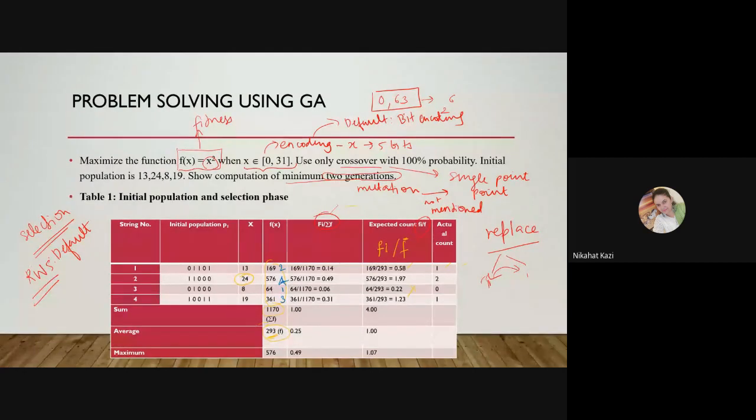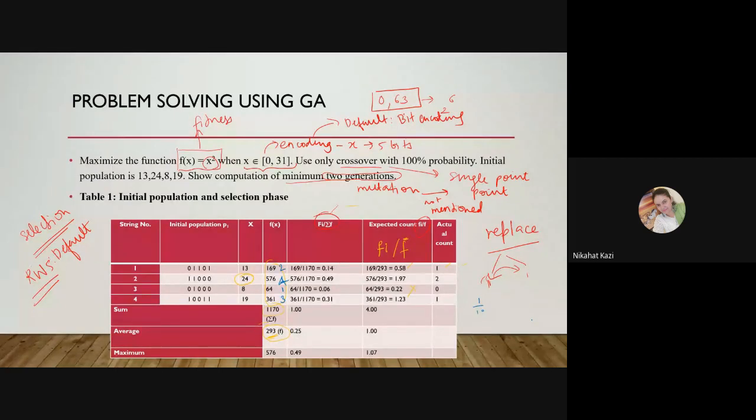Okay, so now what will happen? What is the fitness of this individual? It will change now. It will be 1 by 10, since the population size is 4. The fitness will change: 1 by 10, 2 by 10, 3 by 10, 4 by 10.